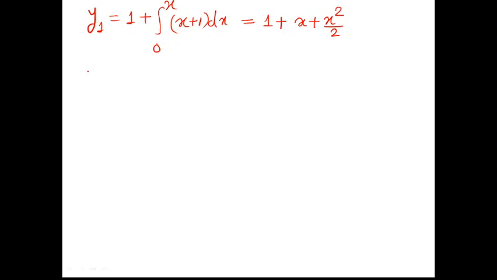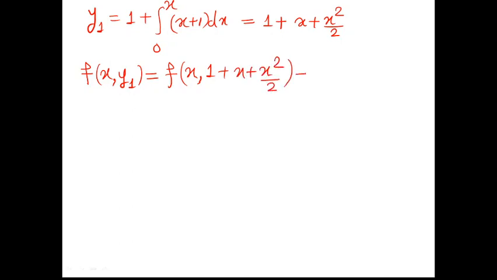Now similarly, let's evaluate f of x,y1, because this is required in the second approximation. So f of x,y1 will be f of x and y1 is 1 plus x square by 2, and the definition given for f of x,y is x plus y.